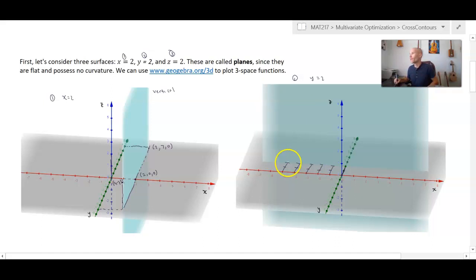For example, this point right here, I'll just again pick on the intersection of that plane with the xy plane. That is, in this case, -5 units in the x direction. It goes -5 units this way. Then it goes 2 units in the y direction and 0 units in the z direction. And that satisfies the statement y equals 2.